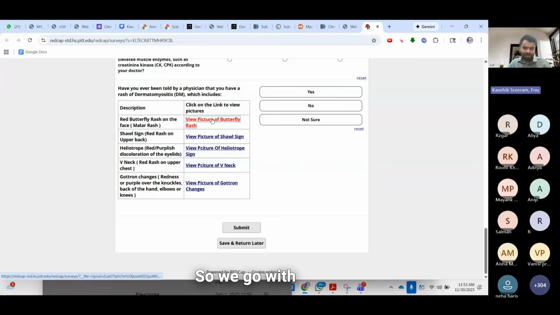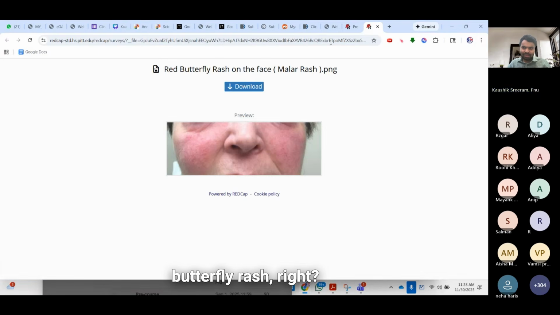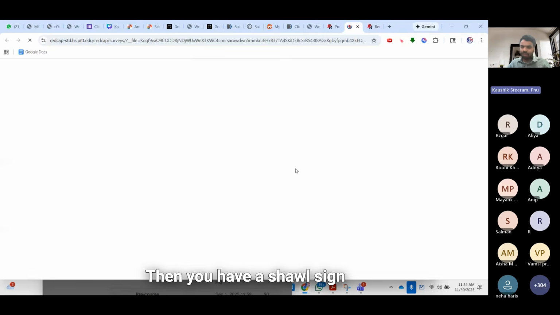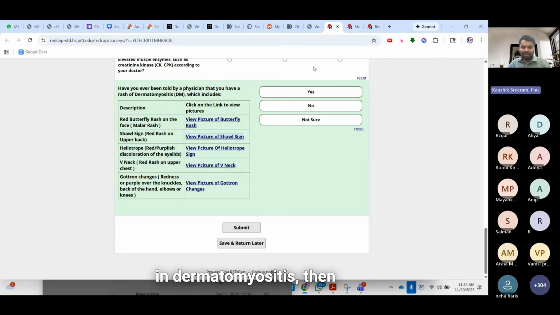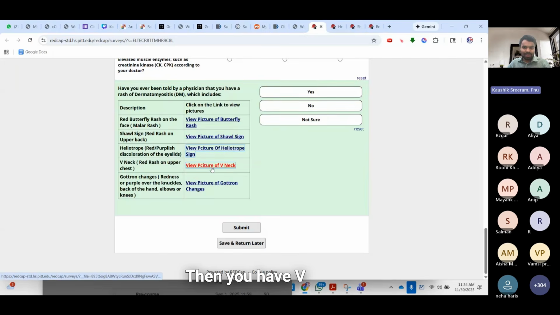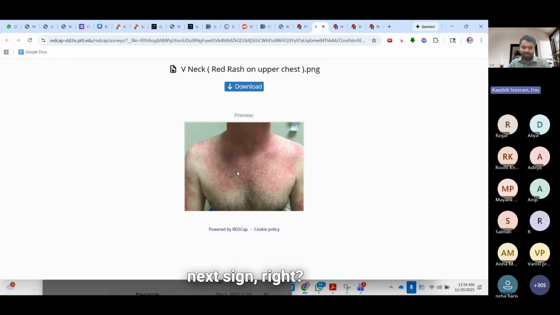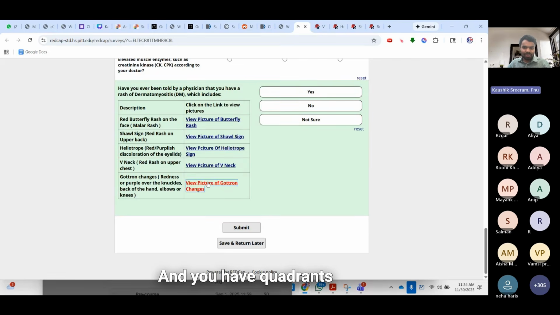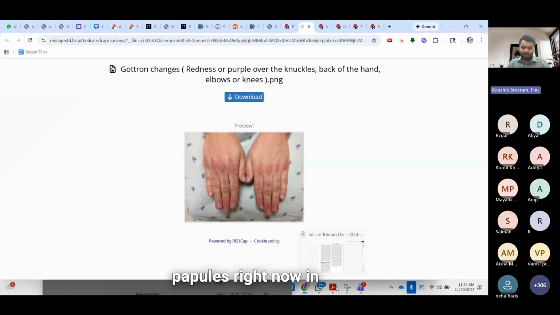So we go with butterfly rash, right? Then you have a shawl sign in dermatomyositis. Then you have a heliotrope rash. Then you have the V-neck sign, right? And you have Gottron's papules.